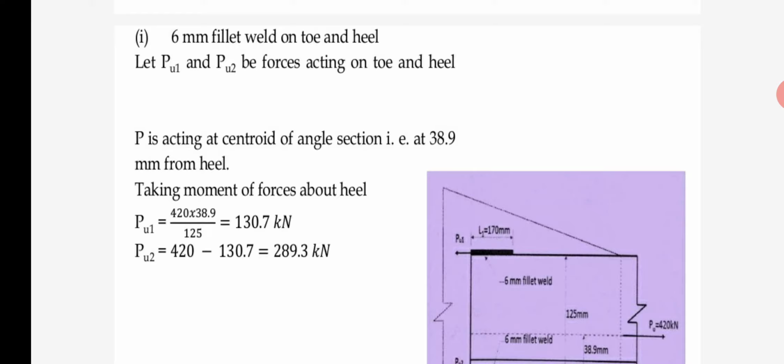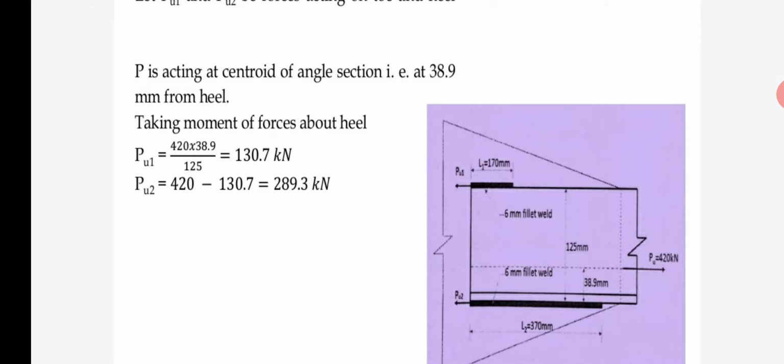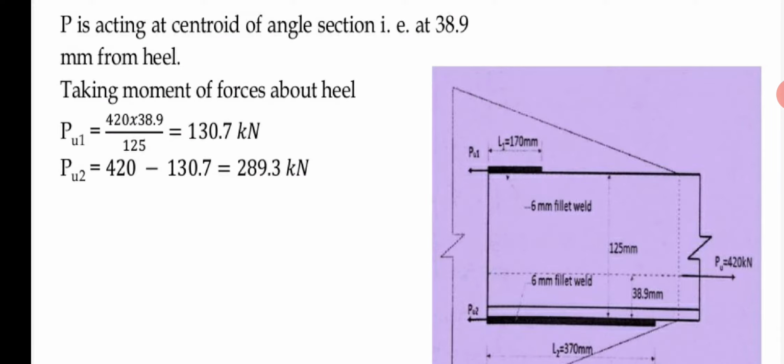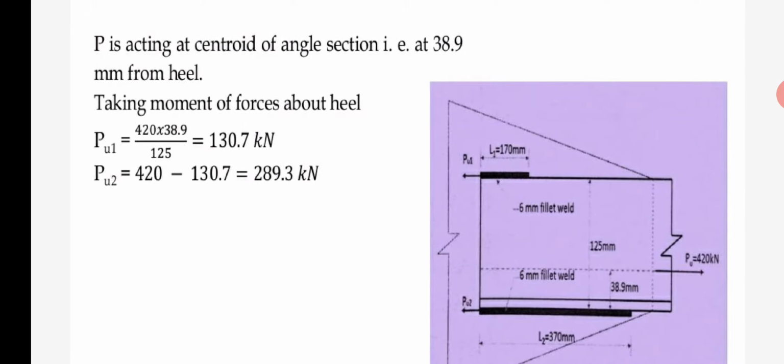P is acting at the centroid of the angle, C. This CXX, according to the steel table, is 38.9, the centroid of the angle. So it will act as the P force. Now we take moment about the heel.